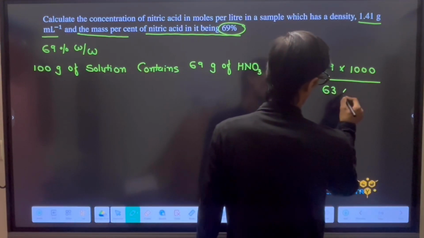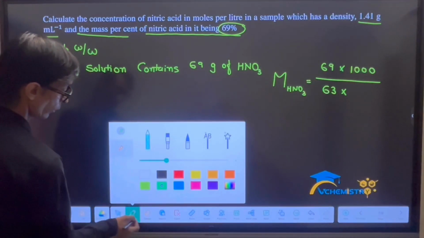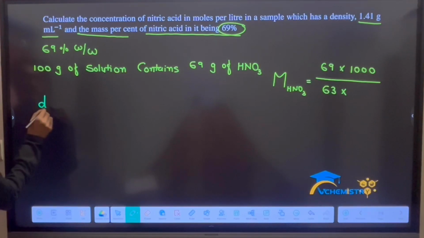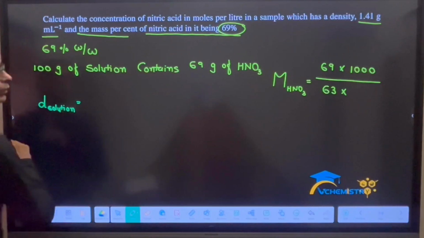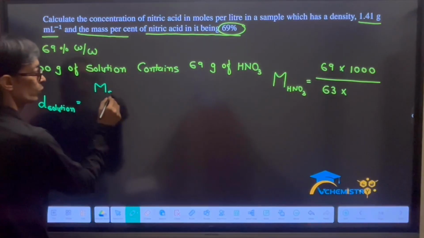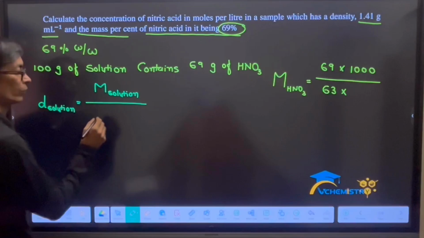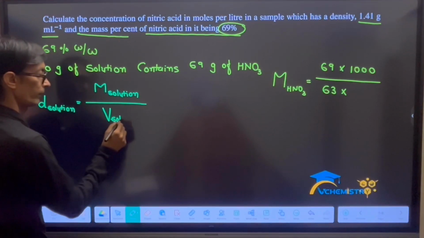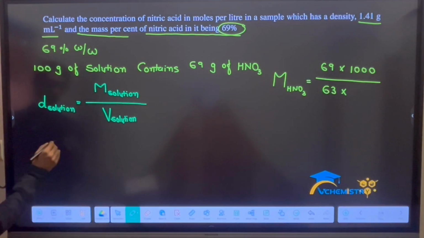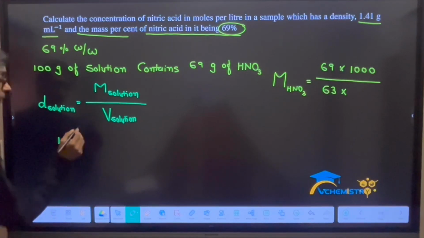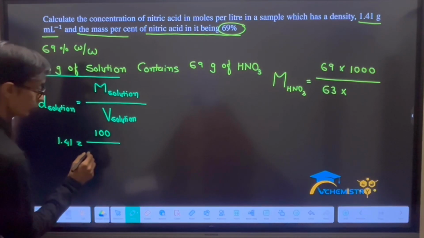Now the volume of solution is not given, but we have the density of the solution. See, density of solution is equal to mass of solution divided by volume of solution. Density 1.41, mass of solution 100, volume of solution.